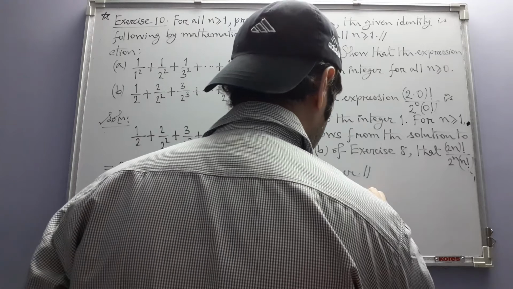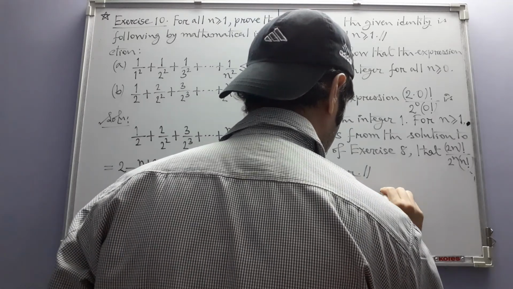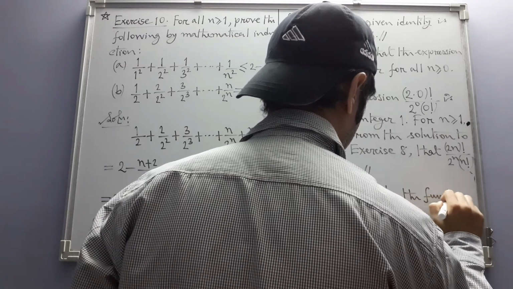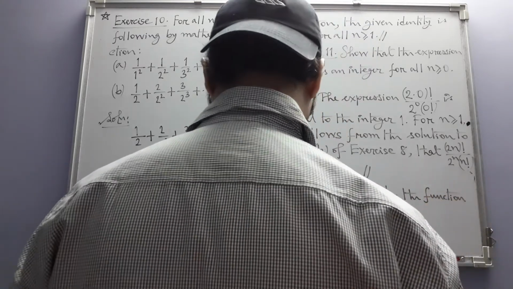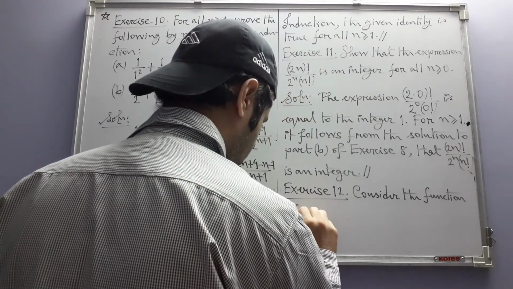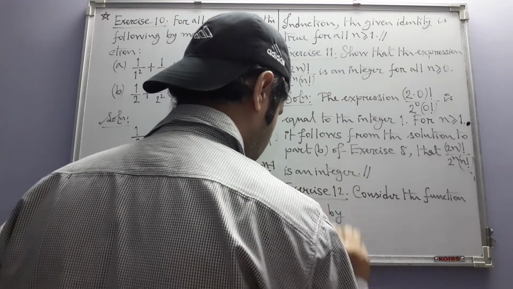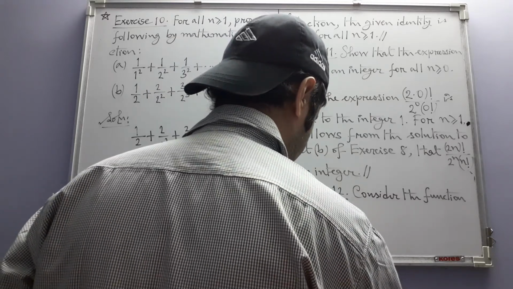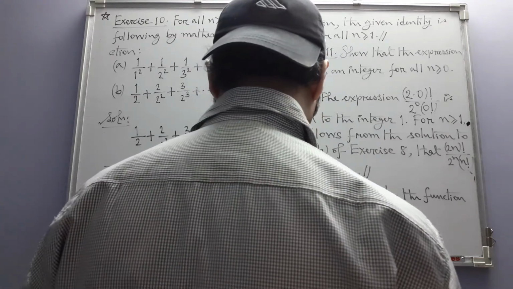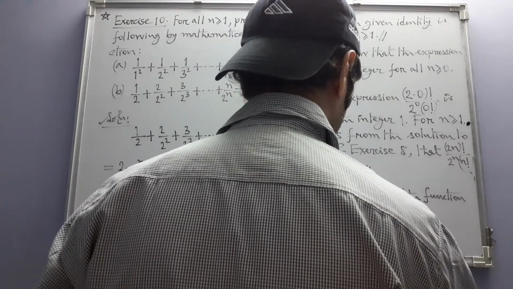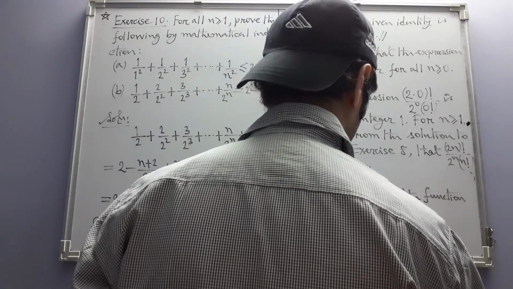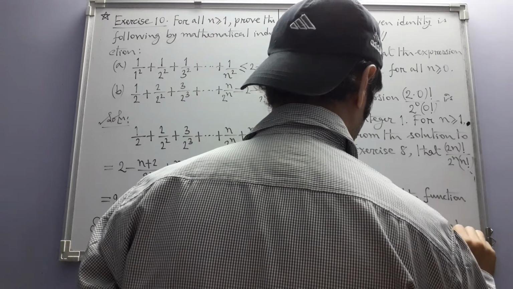Consider the function t defined by: t of n is defined to be equal to 3n plus 1 divided by 2 for n odd.